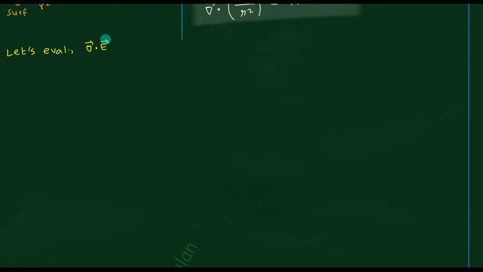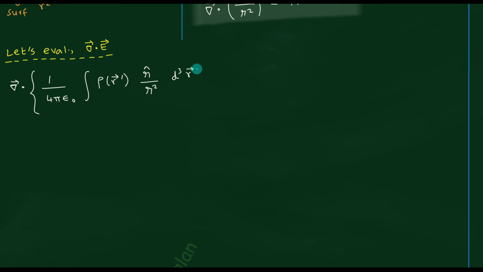Let us evaluate del dot E. What we have to do is put a del operator, then a dot, then write down the entire Coulomb's law, namely the electric field, which is 1 over 4 pi epsilon 0. Then the integral has to be performed on the charge density. Then you have an r cap by r square function. Then you have a d cube r. D cube r means it is dx dy dz. That's all. And the integration is performed over the primed coordinates.